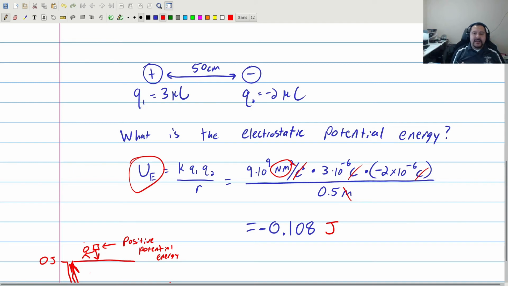And in fact, if I put 0.108 joules of energy into these objects, turn that into kinetic energy, that will be enough that they won't ever come back together. That will be enough to keep them moving away from each other forever.